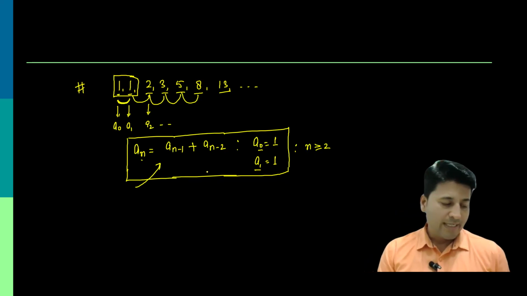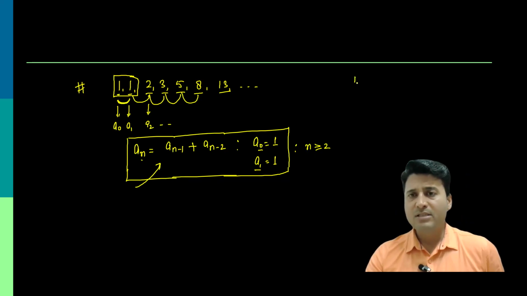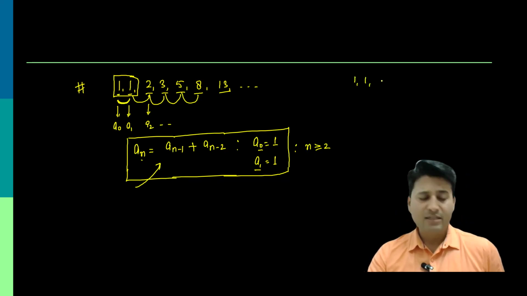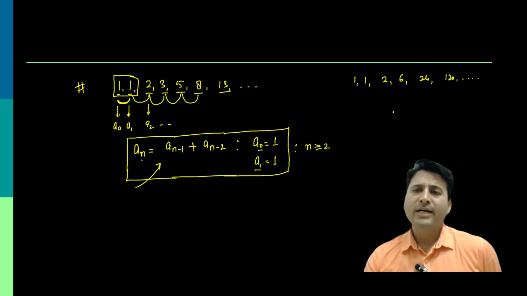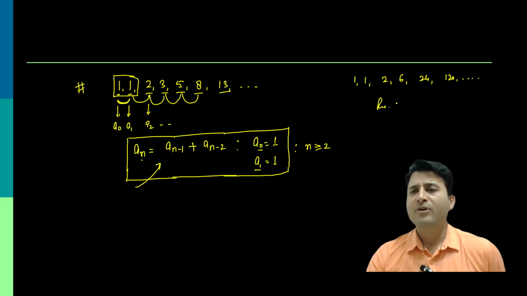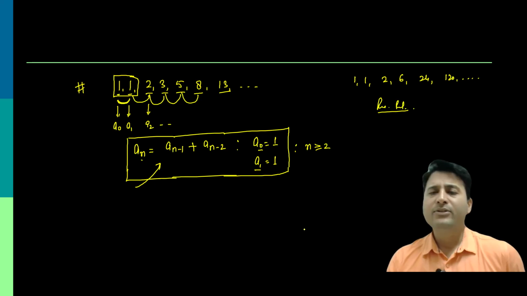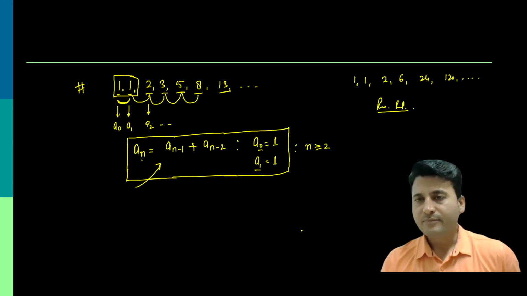Let me write one more, you can try it by yourself. This time the sequence is 1, 1, 2, 6, 24, 120, and so on. Try to find a recurrence relation for it. You can pause the video and try to write it.